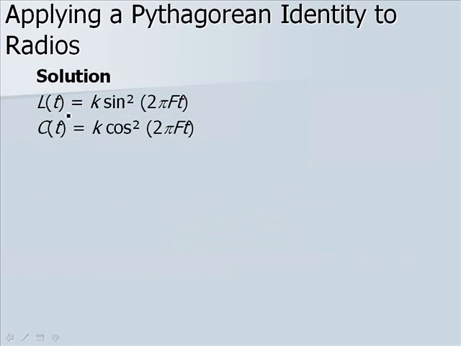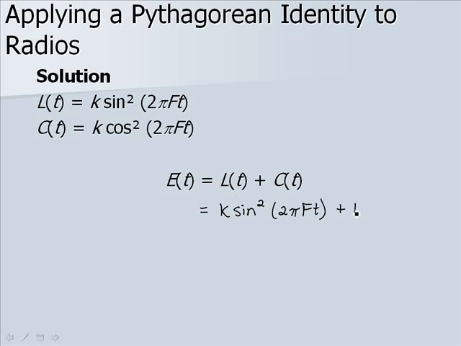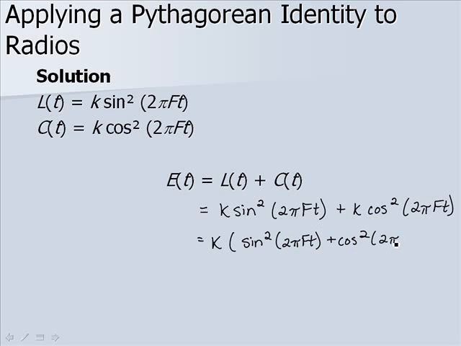So, to show that it's constant, we're going to use the two equations for our inductor and capacitor and our total energy equation, and we'll put these together. So we know that L was k sine squared of 2 pi ft, and C was k cosine squared of 2 pi ft. So what we'll do is we'll factor out a k out of both, and we'll end up with sine squared of 2 pi ft plus cosine squared of 2 pi ft.